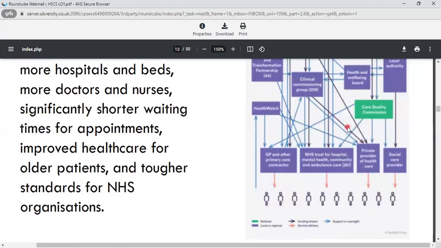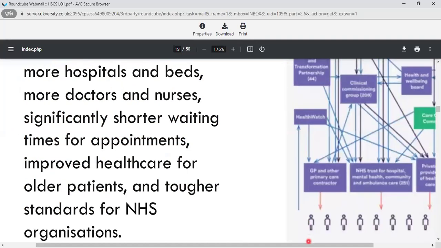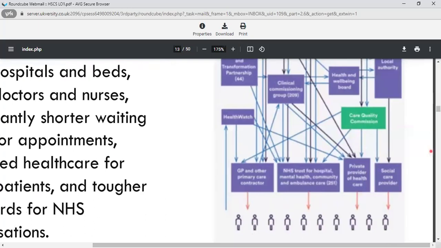All of this would improve GP and other primary care contractors, NHS Trusts for Hospital, Mental Health, Community, and Ambulance Care, private providers of healthcare, and social care providers. So these are all aimed at improvements in the system.